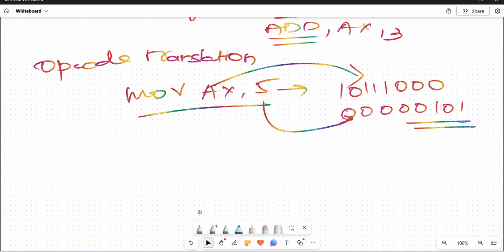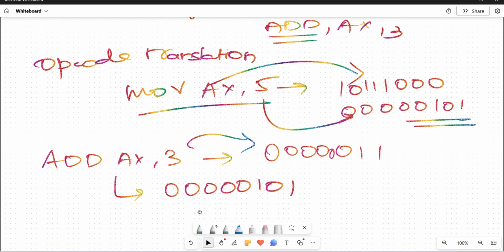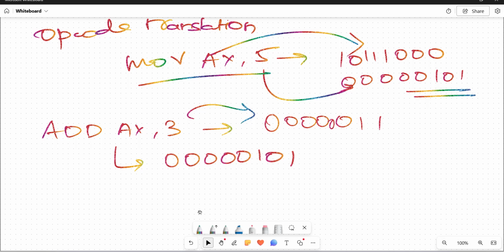Same with respect to the second line, ADD AX, 3, and here AX is represented by this sequence of zeros and ones, the opcode, and the 3 we all know, right? Fine. Hope I made it clear. Okay, these are defined by the CPU's instruction set, like x86 or ARM processor.